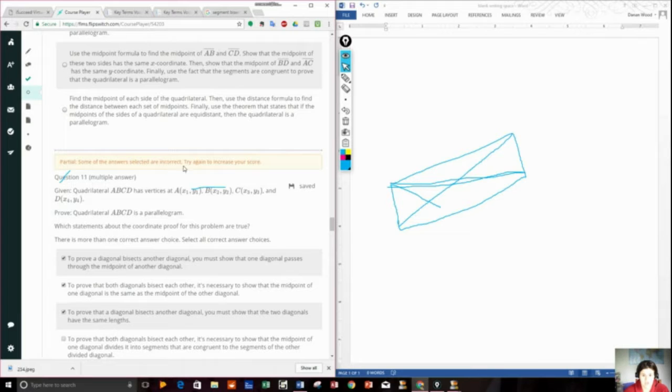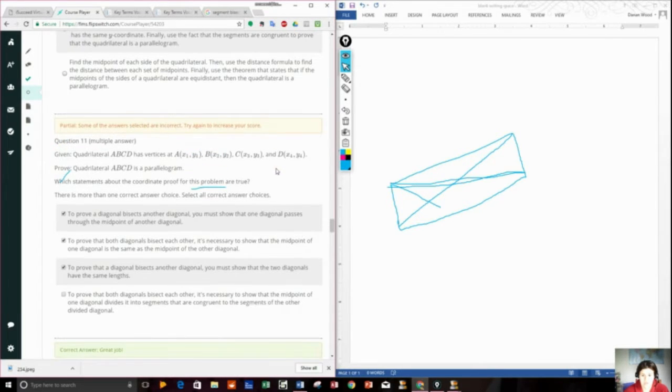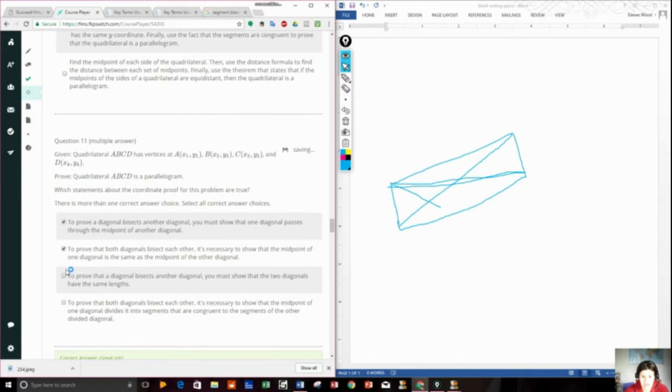Alright, some of the answers selected are incorrect. Try again to increase your score. Alright, the reason I was hesitant on the statement, to prove that a diagonal bisects another diagonal, you must show that the two diagonals have the same lengths, is that it could be true, but that wasn't an option given in this lesson.